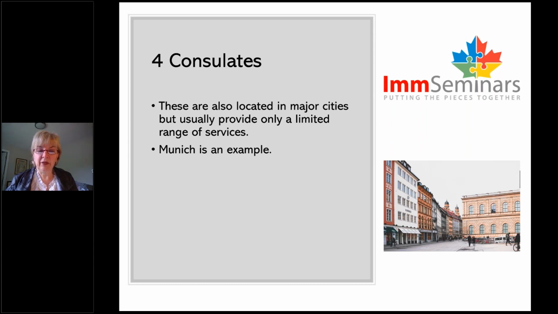They may have other functions, such as being an education office, or be located in a city like Bangalore in India because of its importance as an IT center.